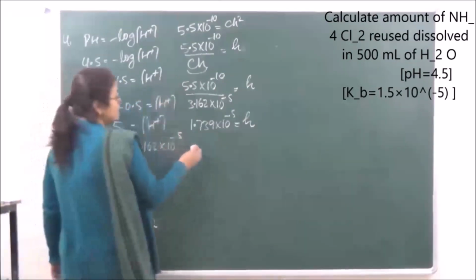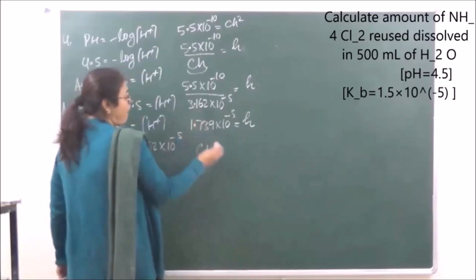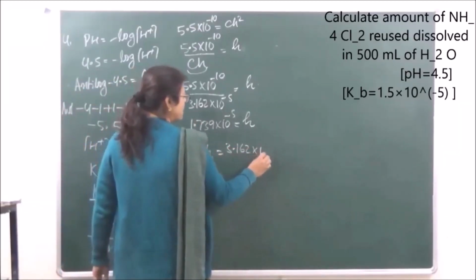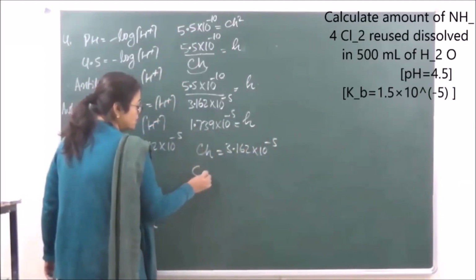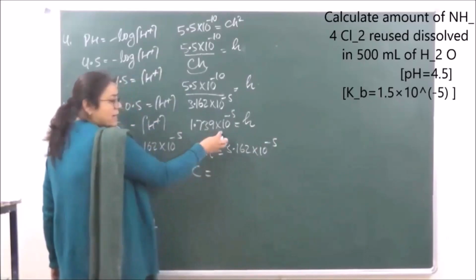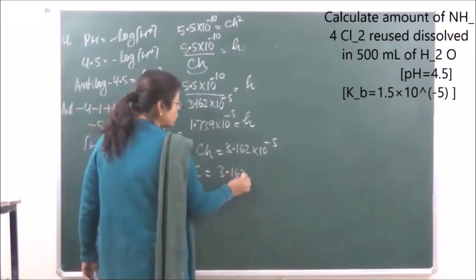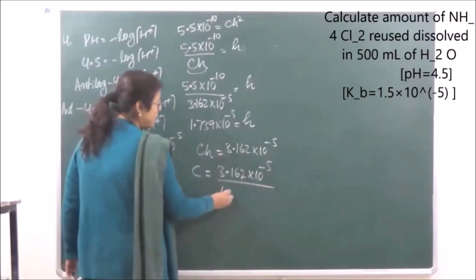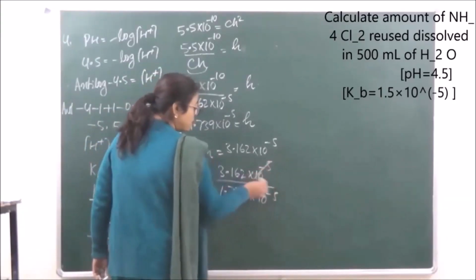You know that the value of Ch is equal to 3.162 into 10 raised to power -5, and the value of h is equal to 1.739 into 10 raised to power -5. So concentration will be equal to 3.162 into 10 raised to power -5 divided by 1.739 into 10 raised to power -5.